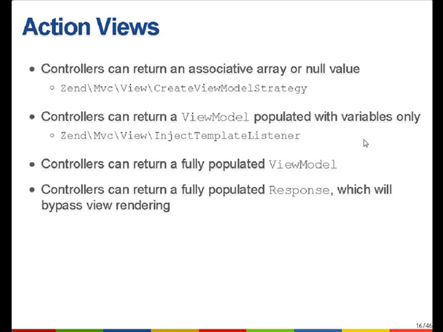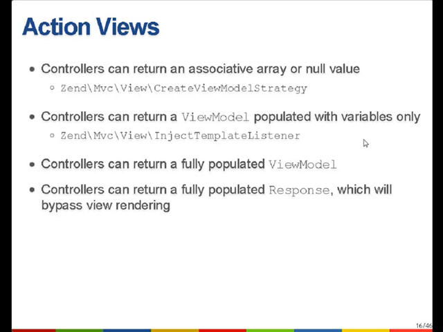From there, we can then also populate. The other thing that we can do is return a view model that's already populated with variables. I'm actually going to demonstrate all of these later, so you can worry about what the code looks like later. But what happens then is the inject template listener, and it says, hey, is there a template associated with this view model?